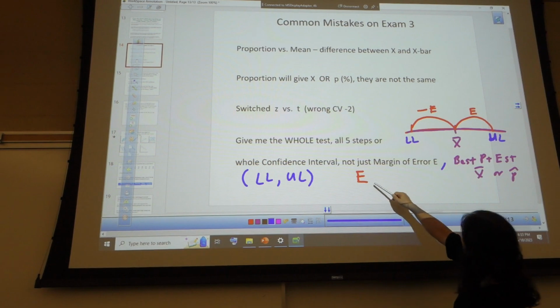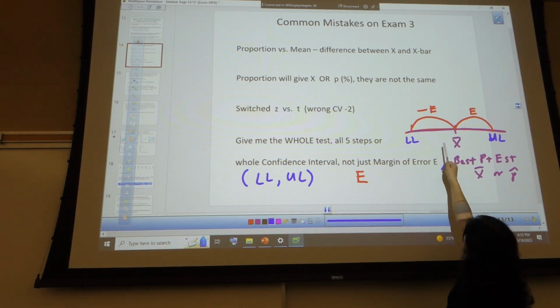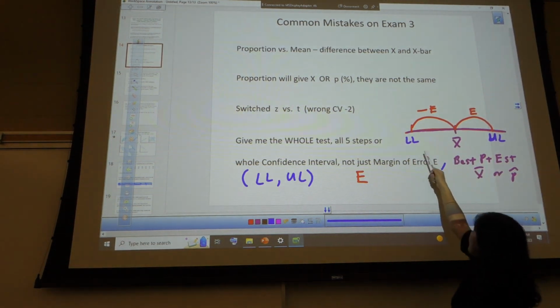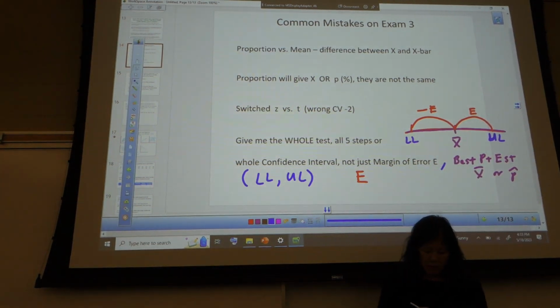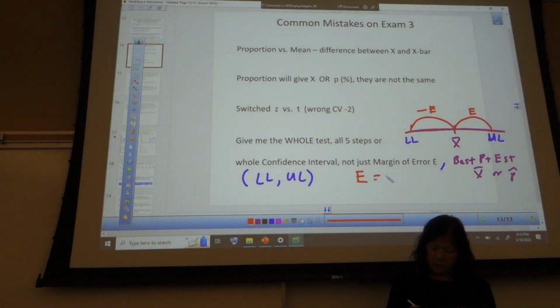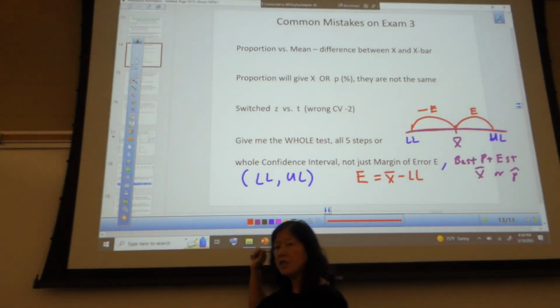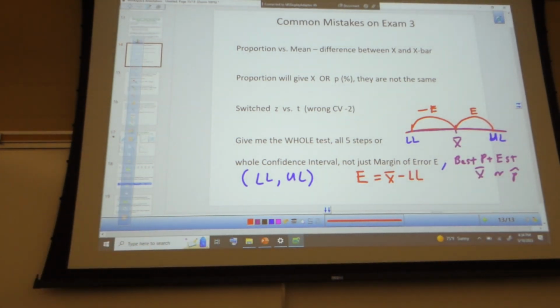And then to find the error, it's the distance between these two. So from x bar to your lower limit, or from x bar to your upper limit. You can just take x bar, subtract your lower limit, and you'll get your margin of error. Right, so those are kind of the easiest ways of finding those.